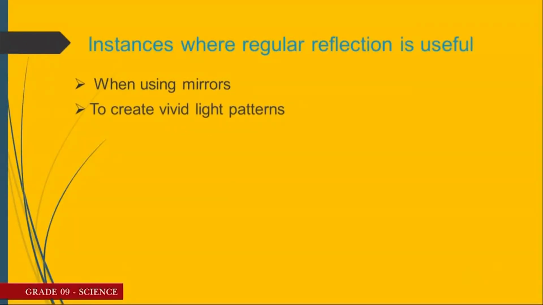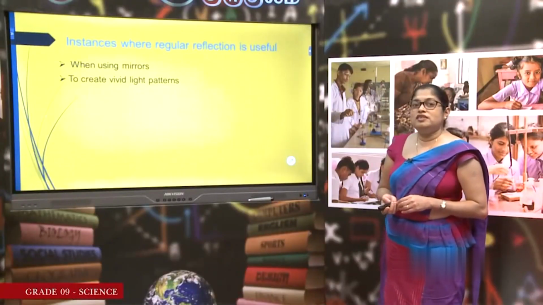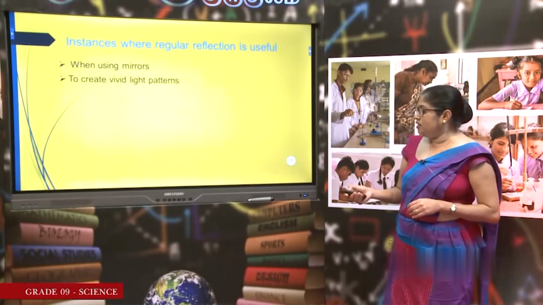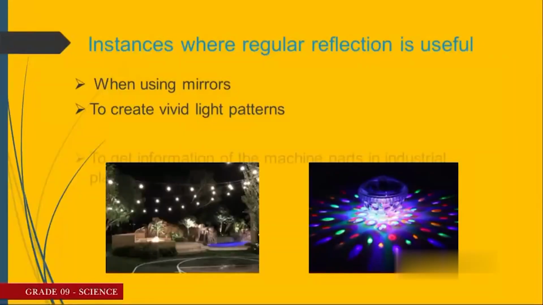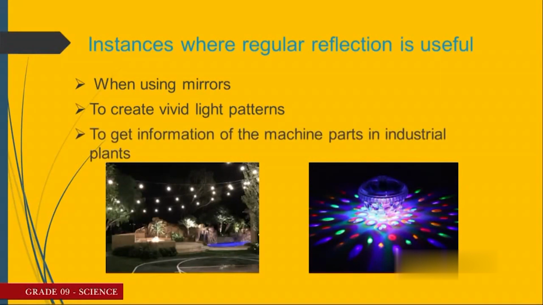To create vivid light patterns in Christmas decorations, in musical shows, in Vesak decorations, you may have seen a lot of light decorations. All these light decorations are based on regular reflection. You can see some light decorations here. In addition to that, regular reflection is useful to get information about the motion of machine parts in industrial plants.